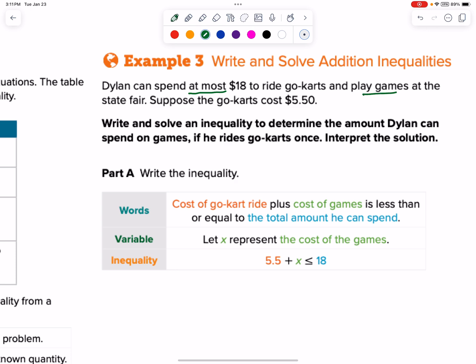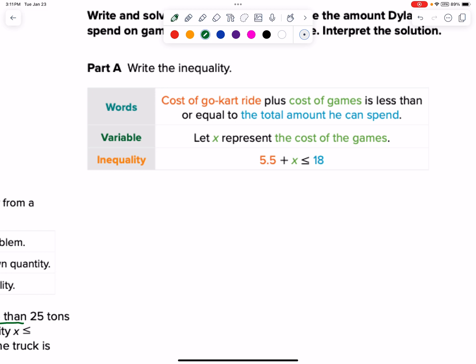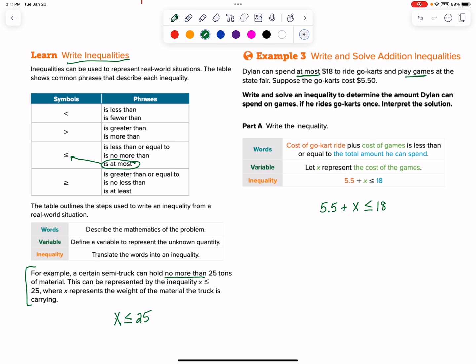We want to know, well, how many games can he also play? Okay. So we have the $5.50 represented as 5.5 plus any other games. But remember, it has to be less than or equal to 18 because it said at most $18. And that's what at most means. Okay, and then we could go ahead and solve.